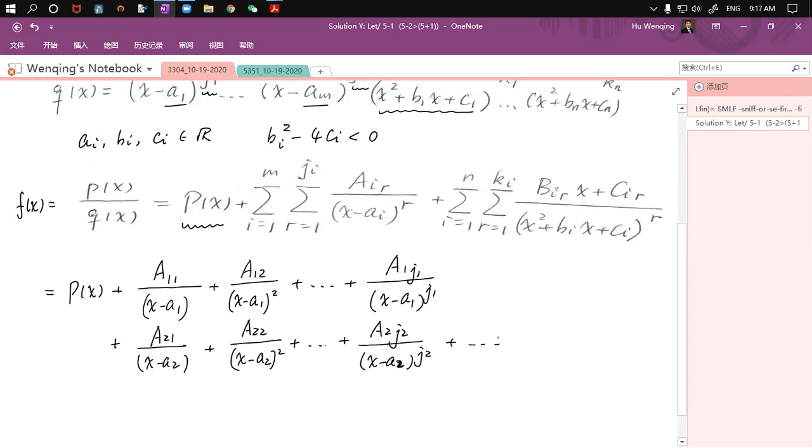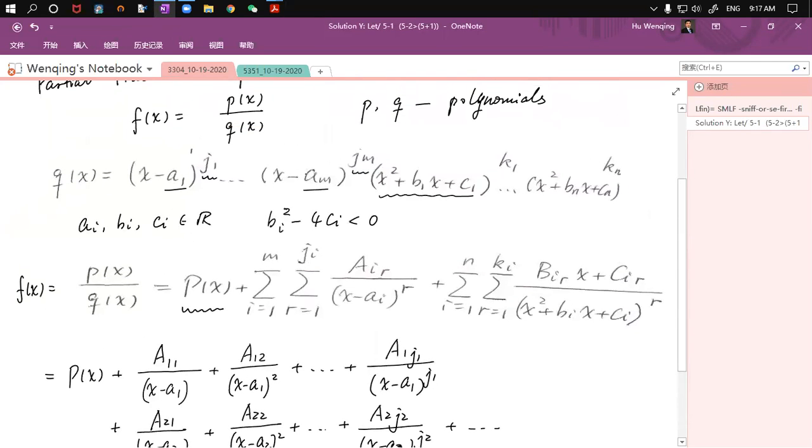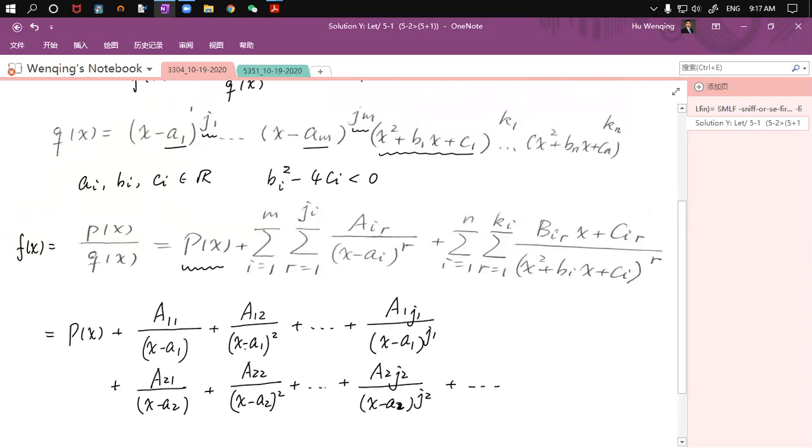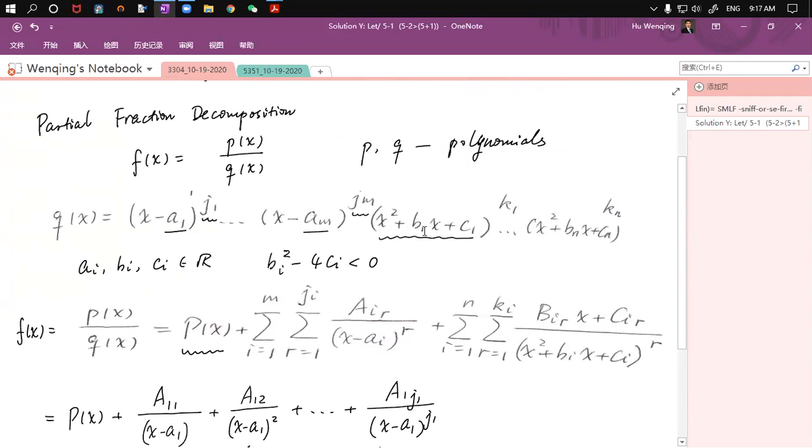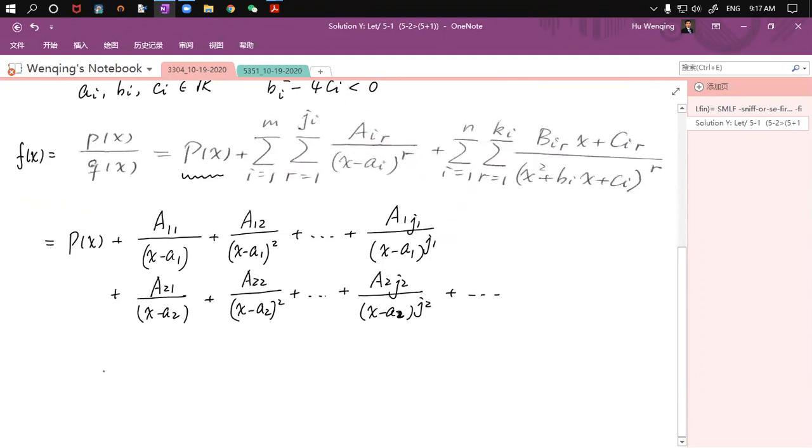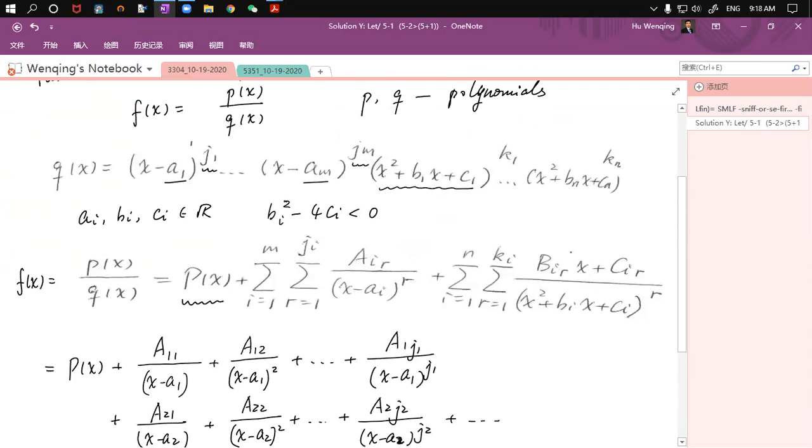So you're going to exhaust all these possible first order polynomials that are contributing as factors, from the first up to the j-th power, and you're finding all these possible powers. A similar thing happens for the quadratic part, but for the quadratic part, you remember the numerator is always a polynomial of one order less than the denominator.